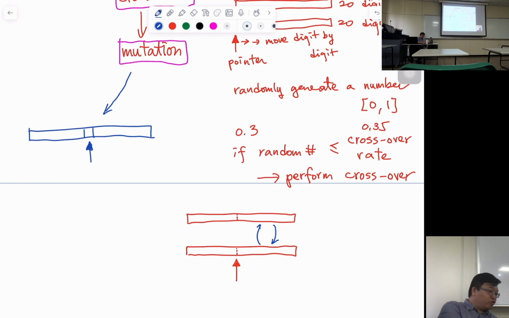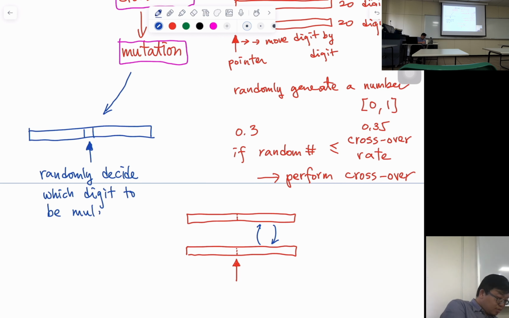Similarly, you randomly decide which digit to be mutated. So what does mutation do? If the digit is 0, then it becomes 1. If it's 1, then it becomes 0. And usually the mutation rate has to be low.